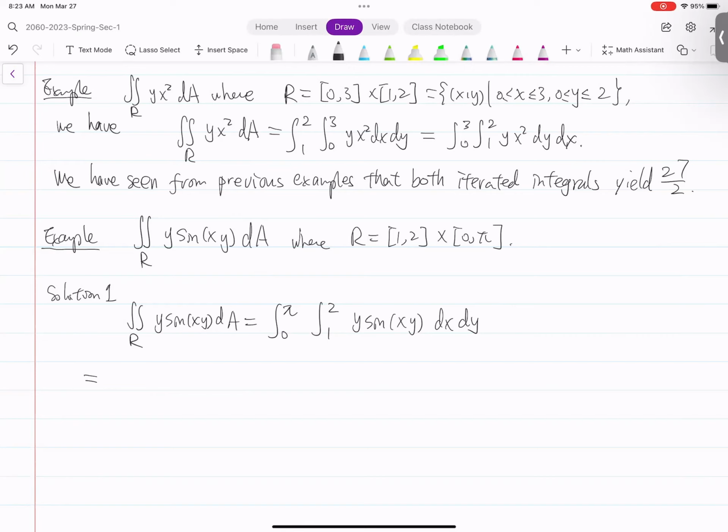So on the inside we treat y as a constant, right? So you can drag that out. Actually, although we are doing that first, if you really think about this integral, one way is you factor this y out. The second way is that you see this is x times y, right?